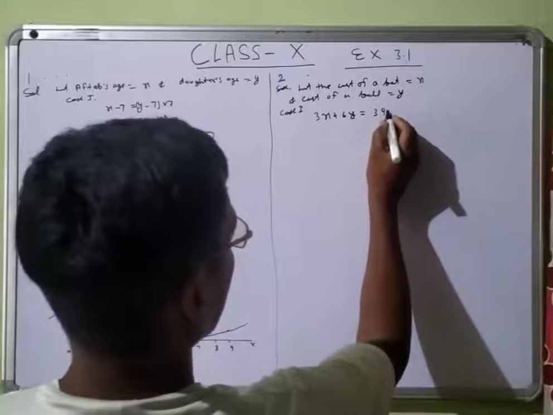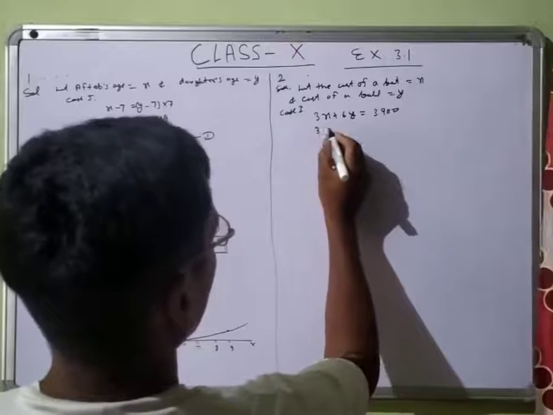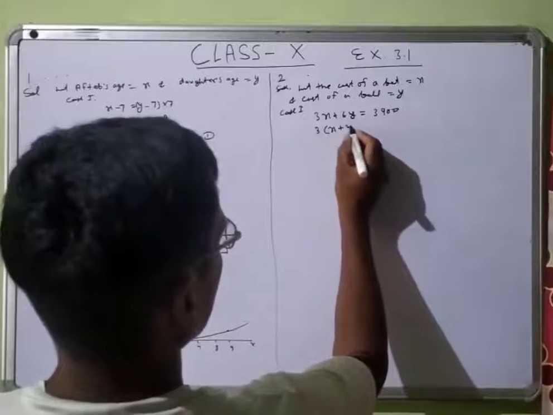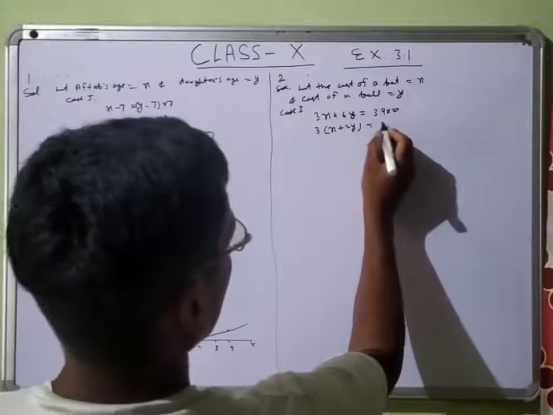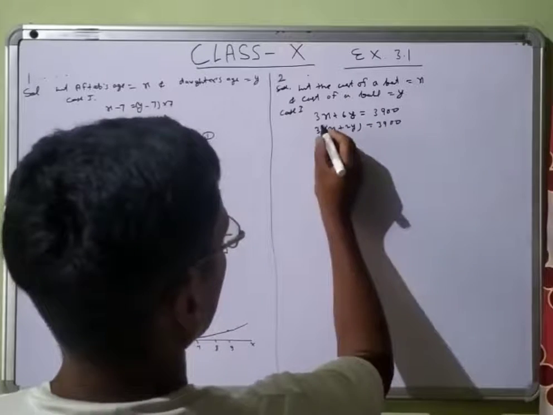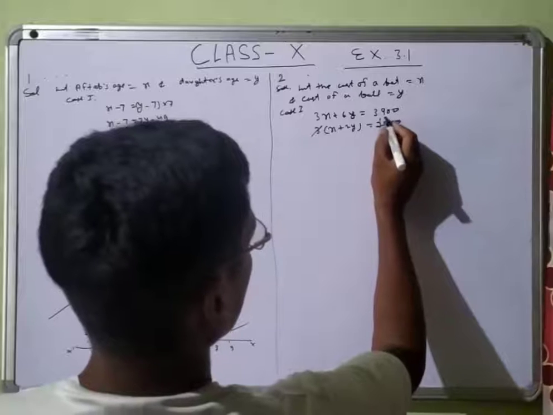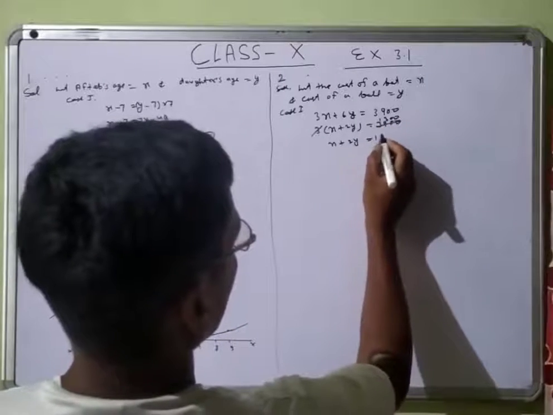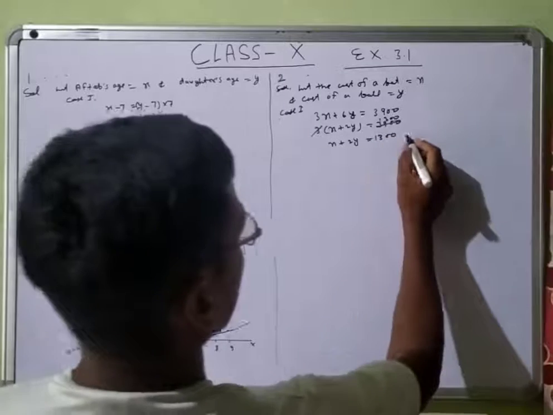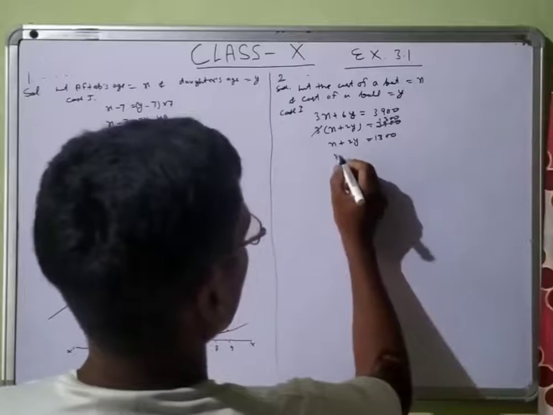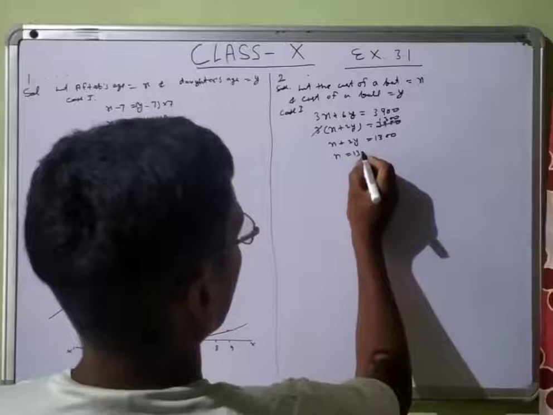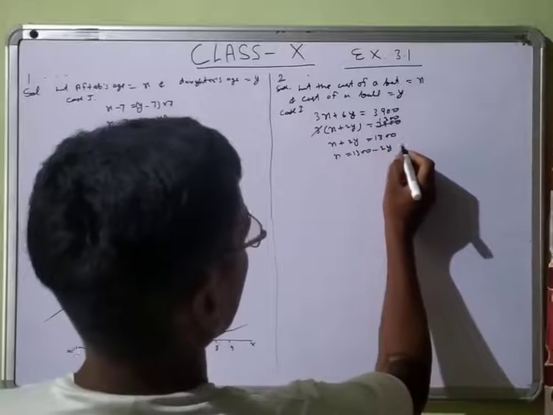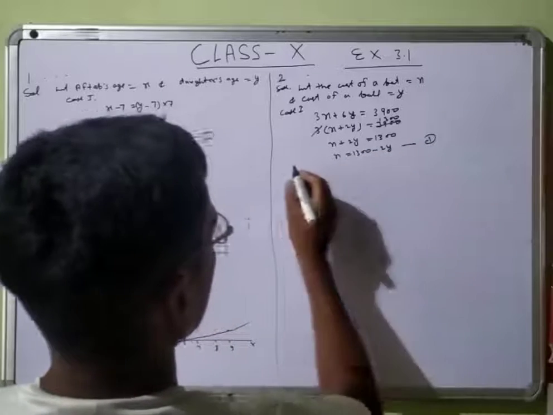Take 3 common, so x plus 2y is equal to 1,300. 3 cancels off, 3 times 1, 3 times 1,300 is 3,900. So x plus 2y is equal to 1,300. This is the first equation, or you can write it like this also, x is equal to 1,300 minus 2y. This is the first equation. Case second.